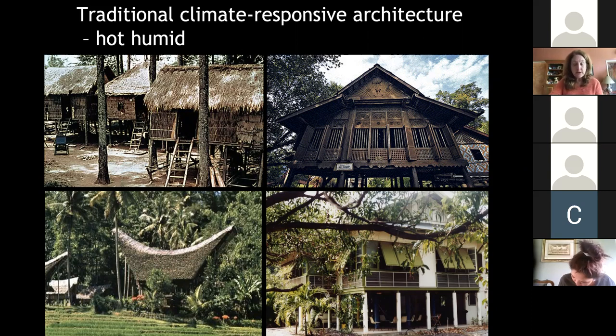So the wind is low at the ground, and it starts getting higher as we move up. So the benefit of being elevated is you get access to higher winds. You can get air under the structure, so you're actually cooling the floor of the structure as well, so you're not in contact with the warm earth. And hey, it's a shady place for your animals to hang out as well.